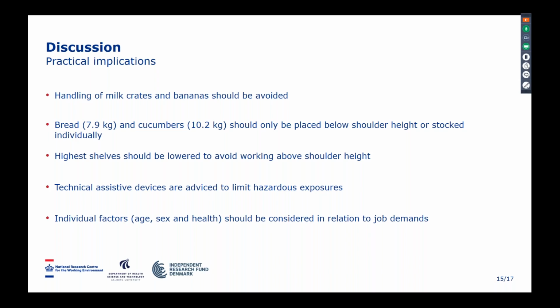So when you plan the work in a supermarket, it would be a good idea to take some of these things into consideration in how you assign work tasks to your different workers.